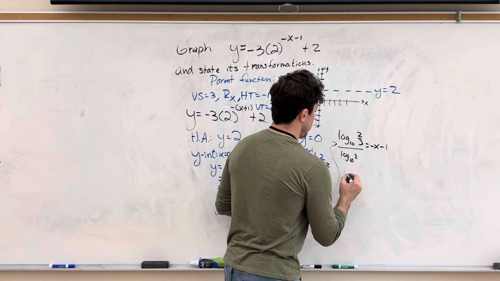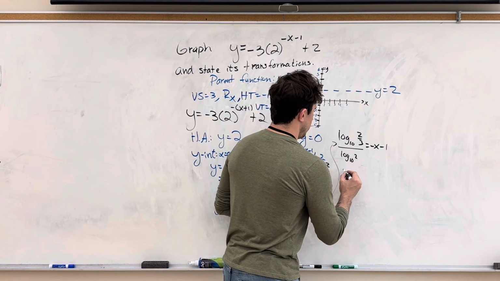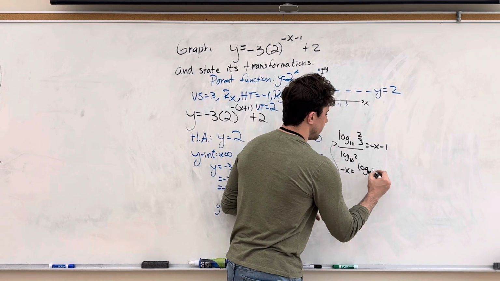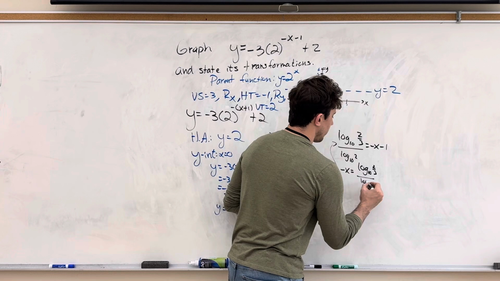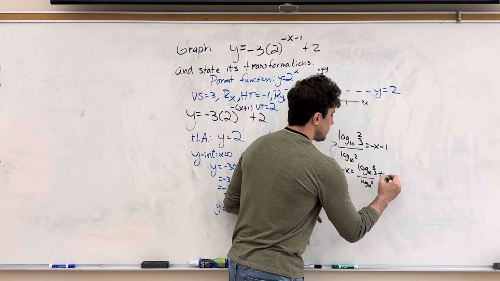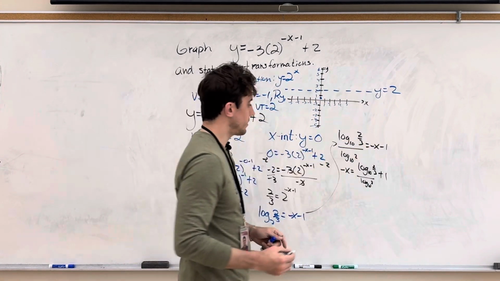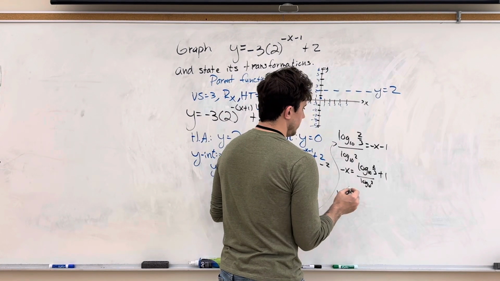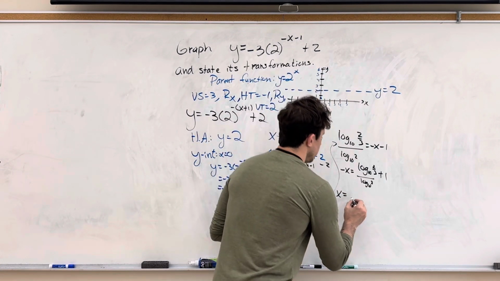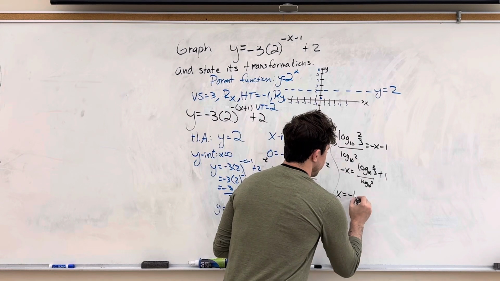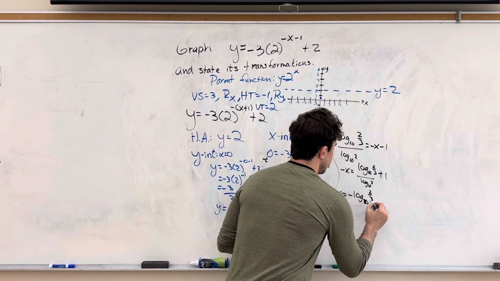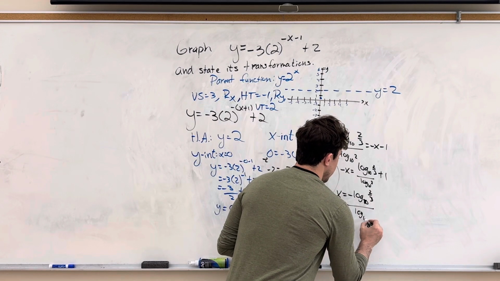Which means that negative x is equal to log base 10 of 2/3 divided by log base 10 of 2 plus 1. And now multiplying both sides by negative 1, we get that x is equal to negative log base 10 of 2/3 over log base 10 of 2.